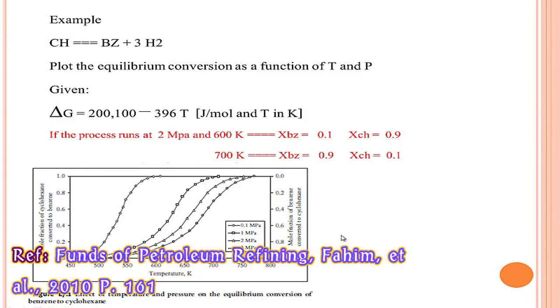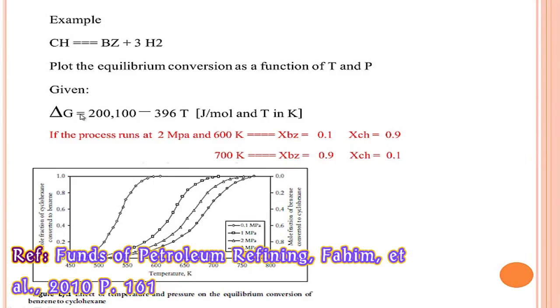The reaction that we are considering here is the dehydrogenation of cyclohexane to benzene, or in other words, the hydrogenation of benzene to cyclohexane.